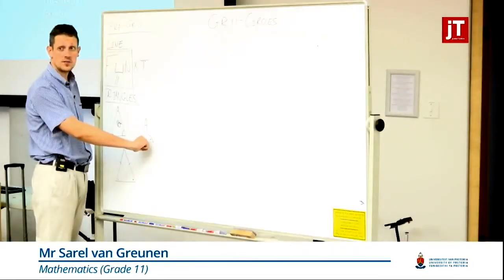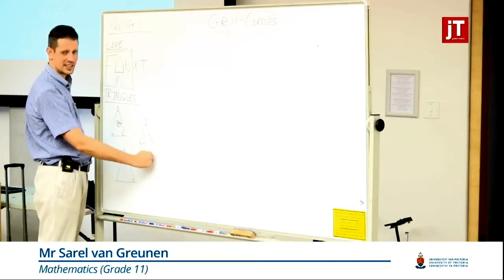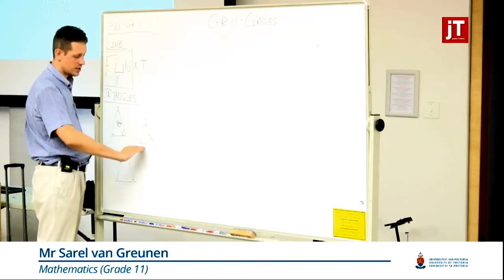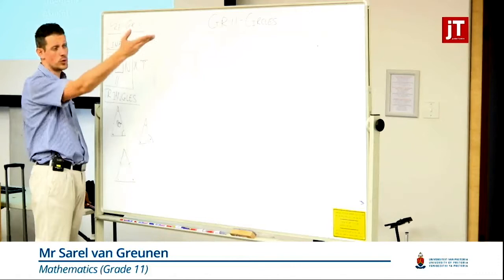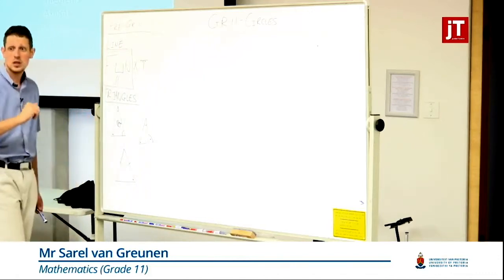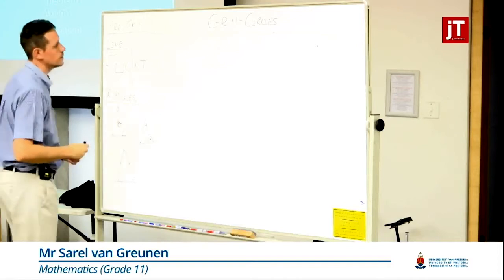You don't want the flag to look like that or to look like that. You want the stick to be straight. Remember that as well when we're working with cyclic quads. An exterior angle is always one where it looks like a flag, where the line goes straight on.